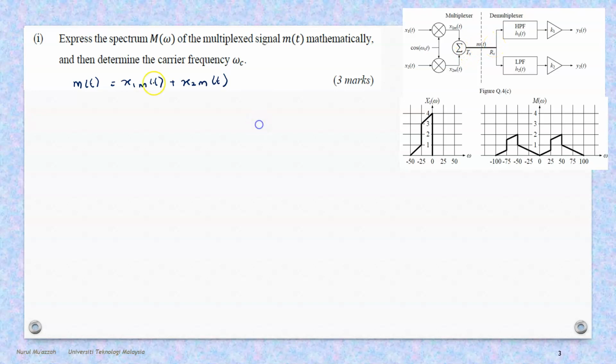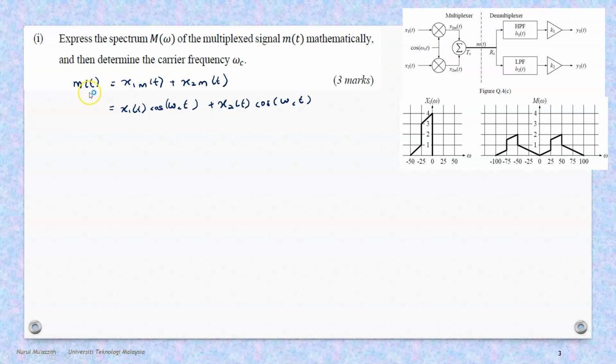And X1M(t) is actually X1(t) cosine omega c t, and X2M(t) is actually X2(t) cosine omega c t. So both X1 and X2 are modulated using the same carrier frequency, which is omega c. So we need to determine the omega c here.